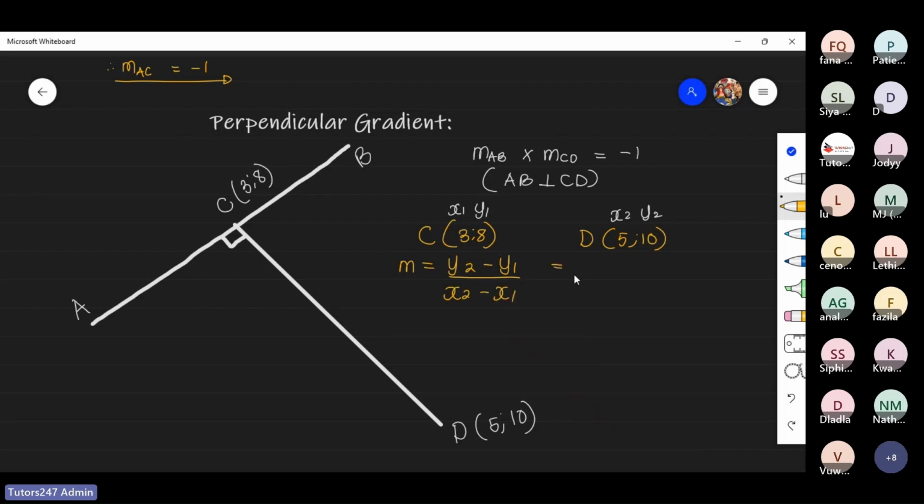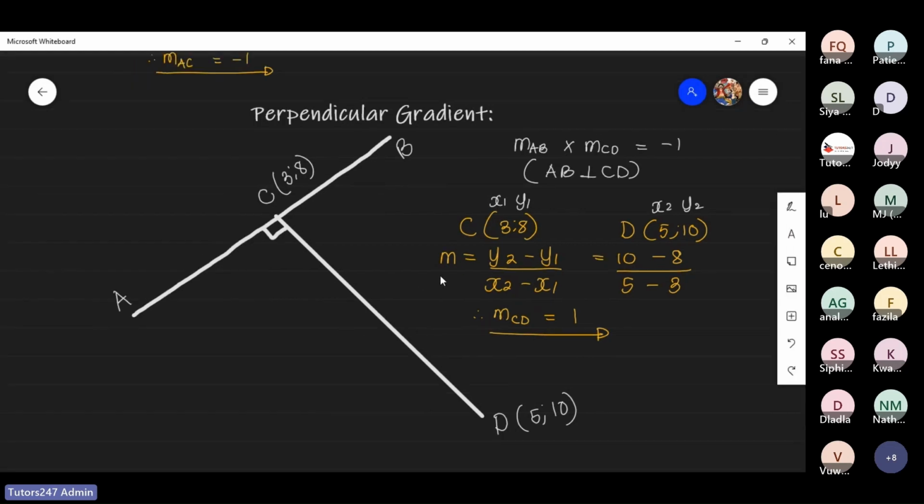My y2 value, which is 10, minus my y1 value of 8, all over my x2 value of 5 minus my x1 value of 3. So from here, I can conclude that the gradient of CD is equal to, let's put that into our calculator, on top we've got 10 minus 8, at the bottom we've got 5 minus 3, and that gives me a gradient of 1. So my gradient of CD is therefore 1.